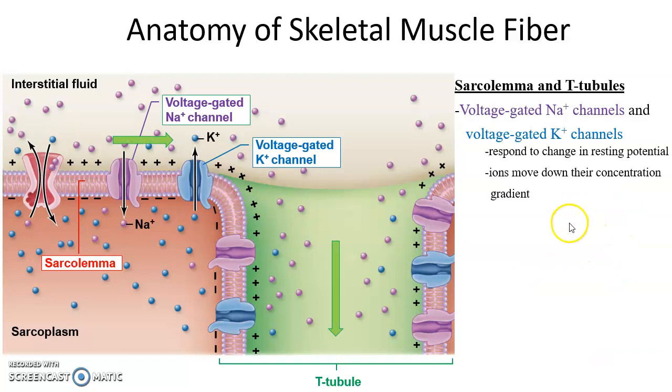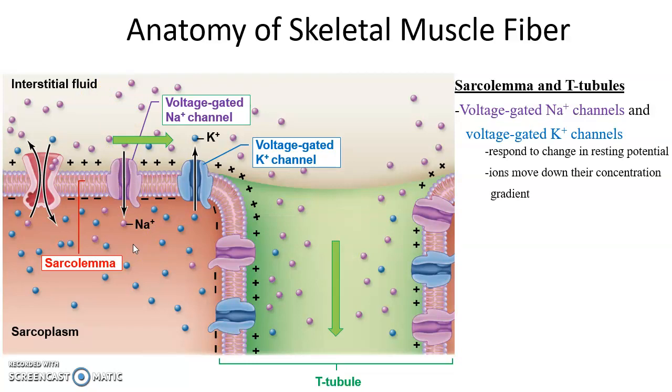All right, so when a muscle action potential is generated, we have these voltage-gated ion channels. There's a change in charge where the axon stimulated the sarcolemma via the binding of neurotransmitters. This change in charge leads to the opening of the voltage-gated sodium ion channels. When they open, sodium ions flood into the cell, going from high concentration on the outside to low concentration on the inside.